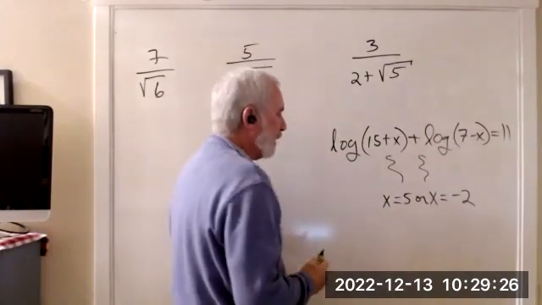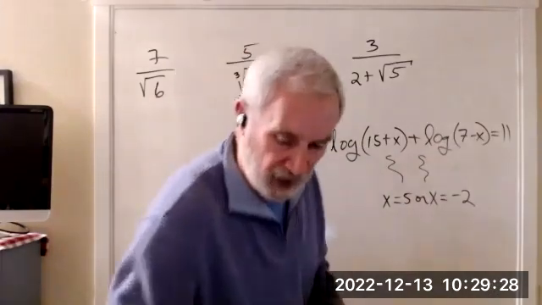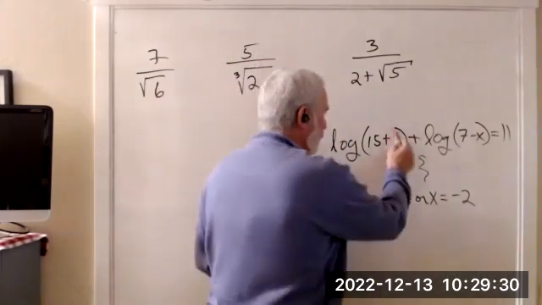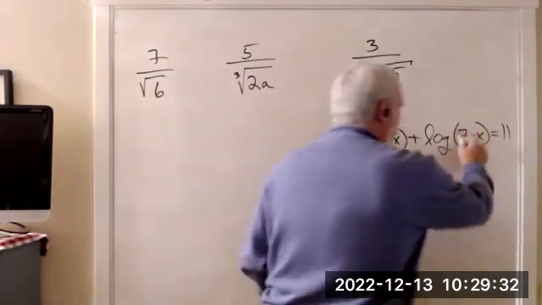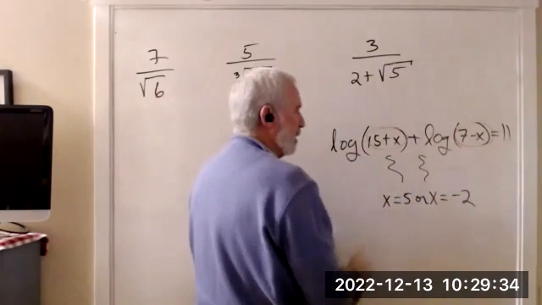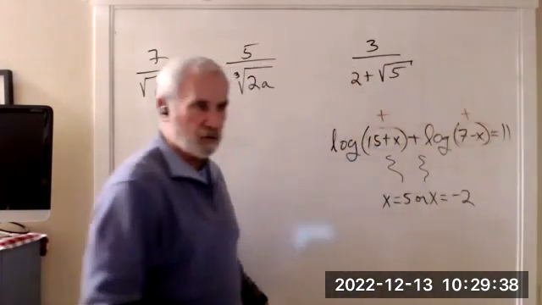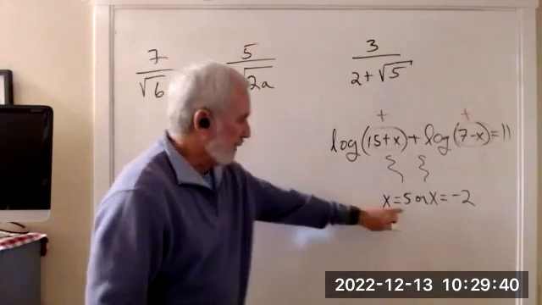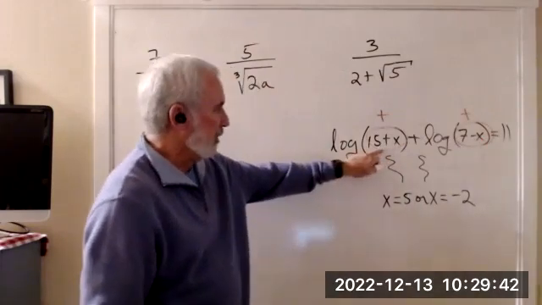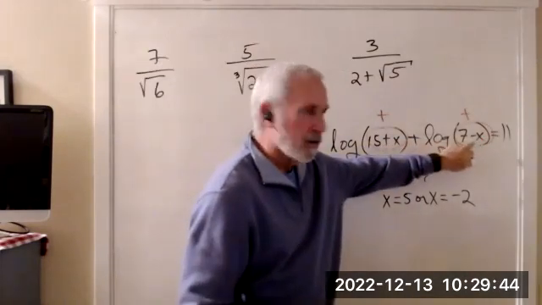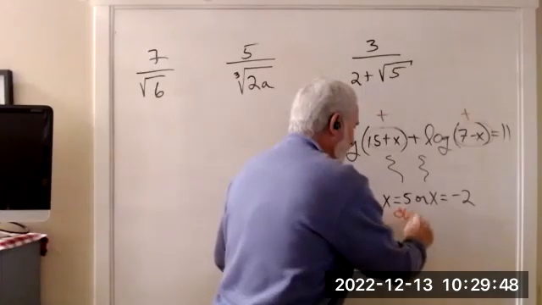Well, what matters is if I plug 5 here or here, is the inside quantity positive? So if I take 5 and plug it here or here, yeah, they both are. Then 5 is okay.